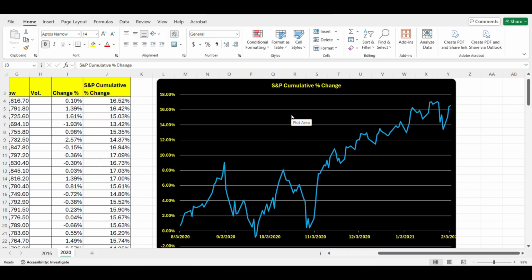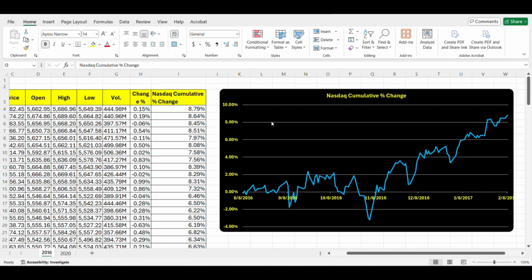Now let's take a look at NASDAQ for the same date range. I plotted the daily cumulative percentage change for NASDAQ for these two prior elections, 2016 and 2020. The same date range that you saw in the case of S&P, I used for NASDAQ as well, just to be consistent.